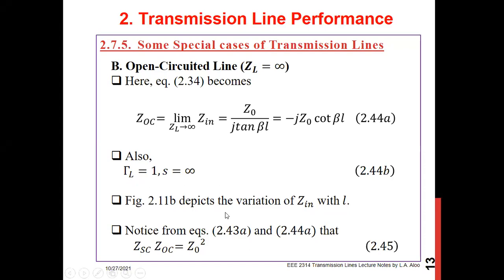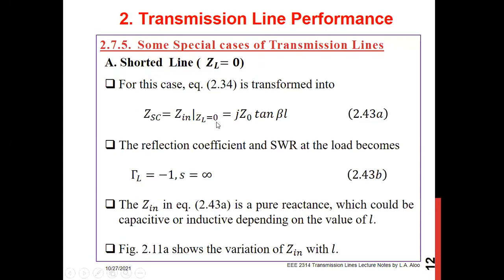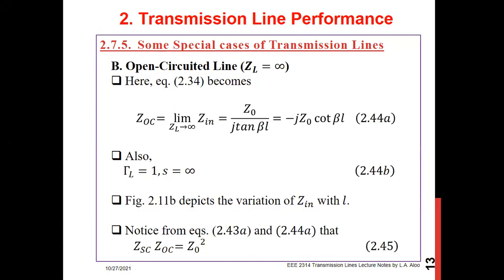Now, let us also take note of the fact that using equation 2.44a and 2.43a, we can get the product. Just take this equation and multiply it with 2.44a. If we multiply the two, we'll notice that Z short circuit times Z open circuit is equal to Z0 squared.